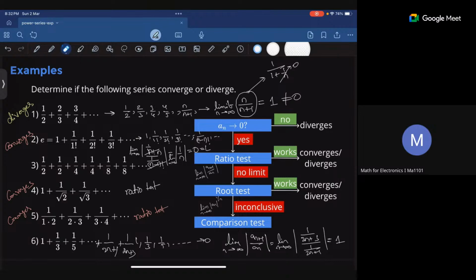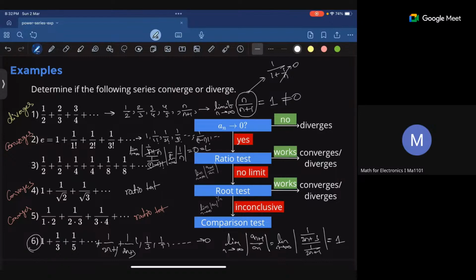Even if you use the root test, even that will give us the same result, no conclusive result. So for the sixth problem, the ratio test will fail, the root test will fail. The only thing we can use is the comparison test.